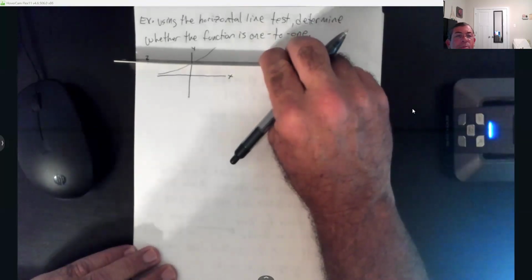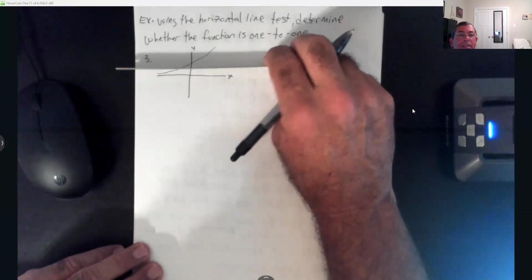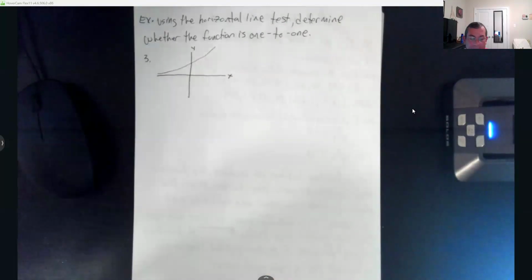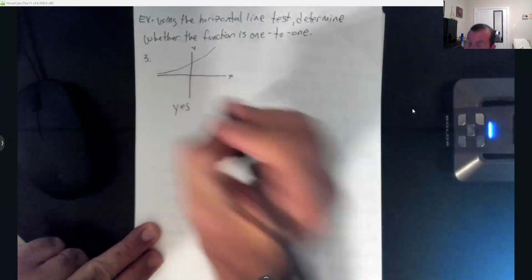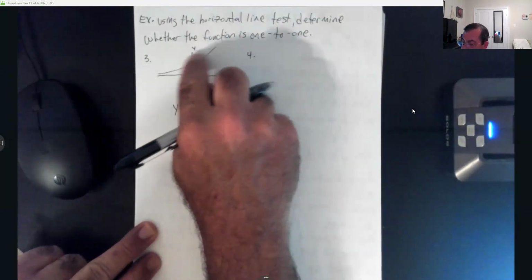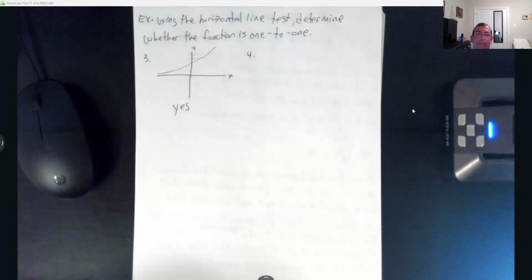Horizontal line intersects it once. Horizontal line intersects it once. So since this horizontal line only intersects that graph once everywhere, this would be yes, 1-to-1, because all these y values here only have one x value, okay?